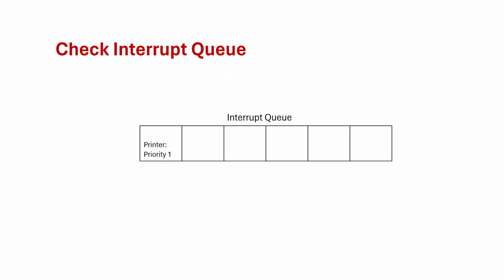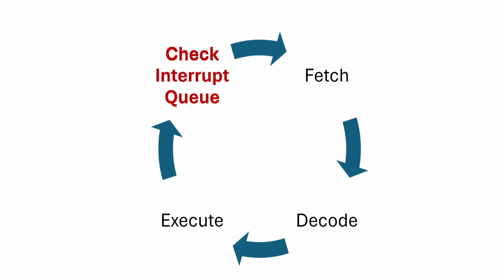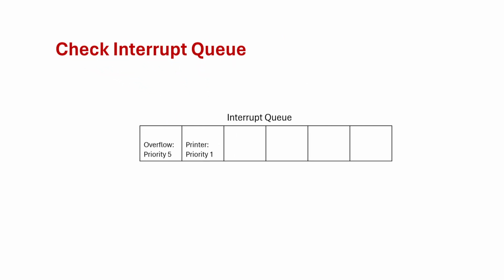In this queue, we have a printer with a priority 1. That's a low priority. It's lower than what's currently running. So we go back and we fetch, decode, execute, and while that is running, another interrupt comes. So we check the interrupt queue, and we see that we have an overflow, priority 5. That's a high priority level. So we need to deal with that.